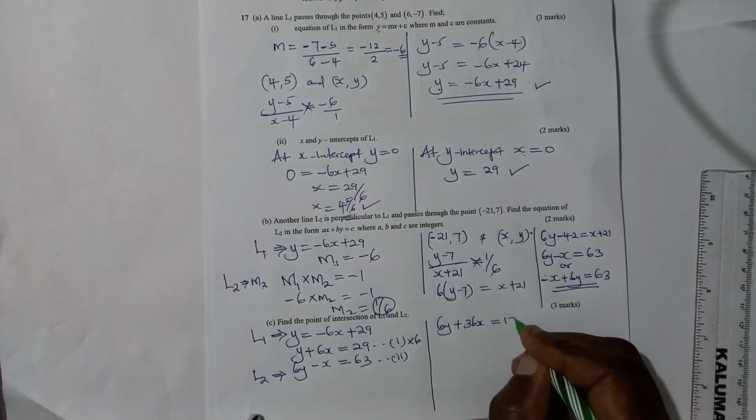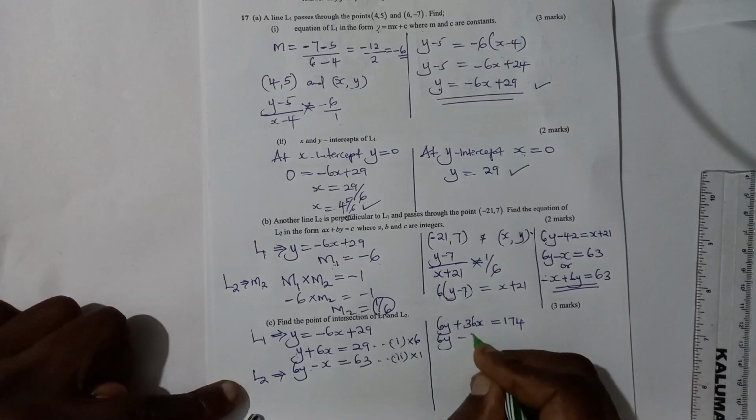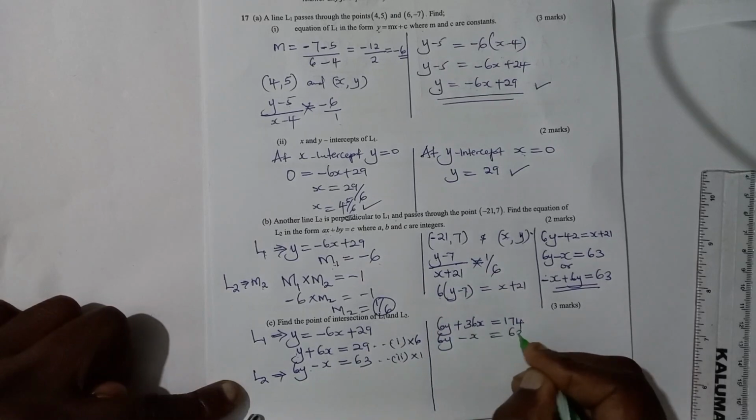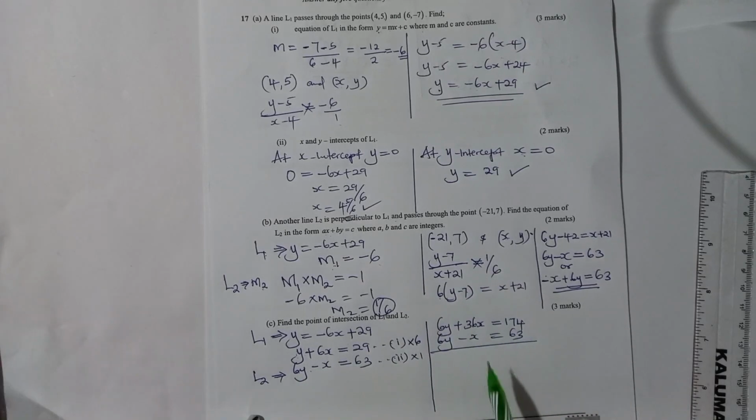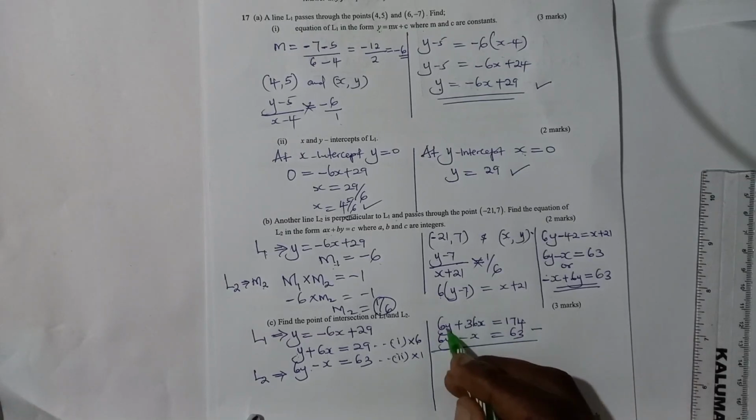You'll get 174. This one, you leave it the way it is, you just multiply it by 1. So you have 6y subtract x is equal to 63. Now you can see y is uniform, so I can subtract to eliminate y. 6y subtract 6y, I get 0.